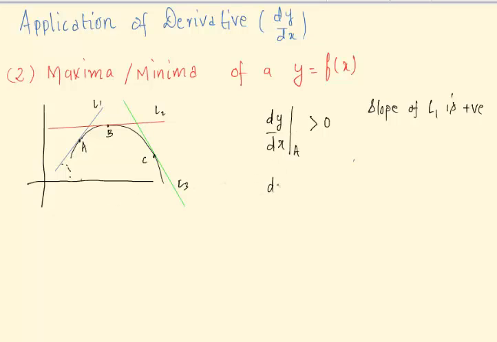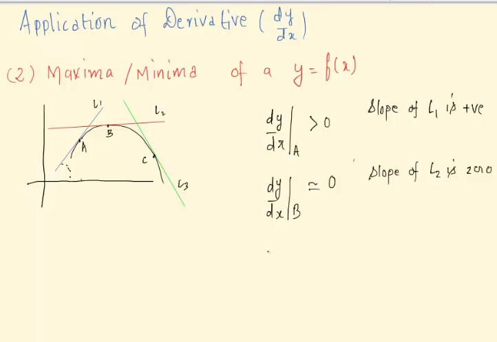Similarly, you can see the slope of the tangent at B is almost parallel to the x-axis. So dy by dx at B is 0 because the slope of L2 is 0, because it's parallel to the x-axis. The angle made with the x-axis is 0.